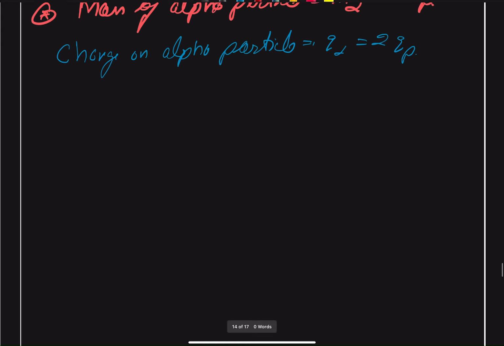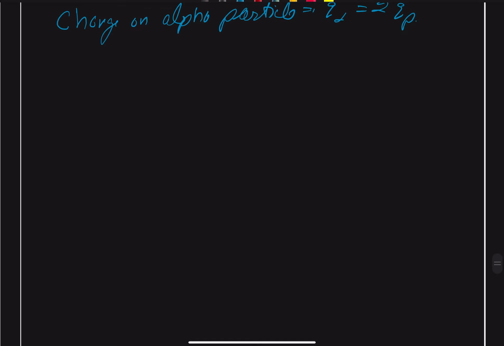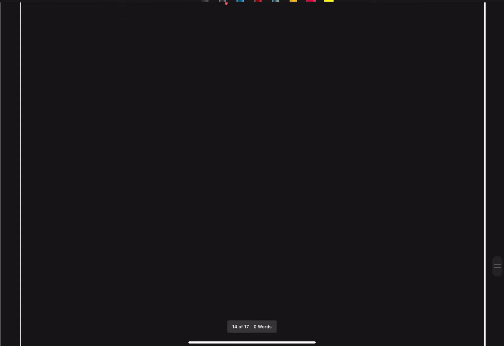Similarly, for the proton, the radius of proton is directly proportional to the square root of mass of proton divided by charge on proton. For the deuteron, the radius is proportional to the square root of twice the mass of proton divided by charge on proton.